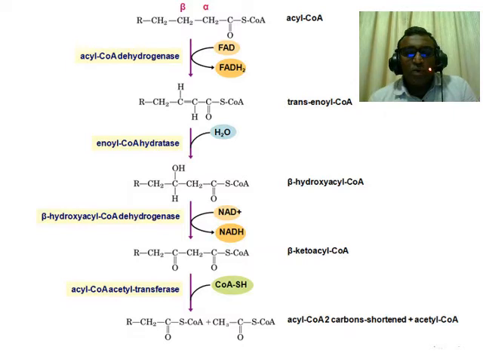and remove 2 carbons to become acetyl coenzyme A, and the acyl CoA now has 2 fewer carbons. It doesn't stop at this.